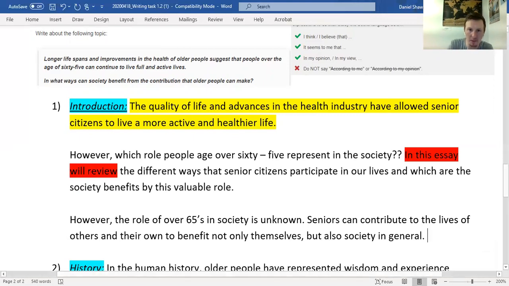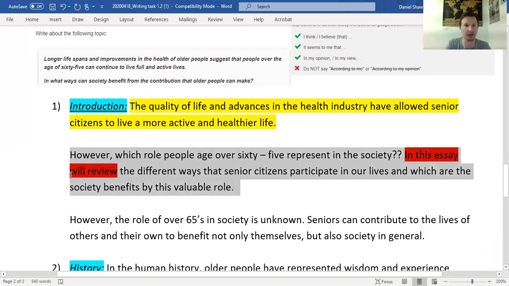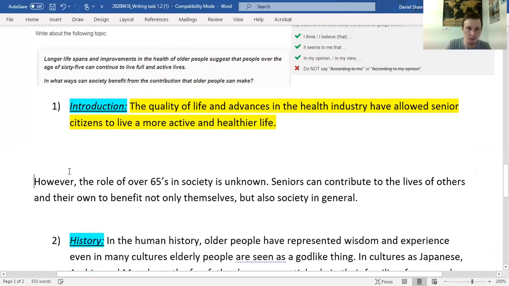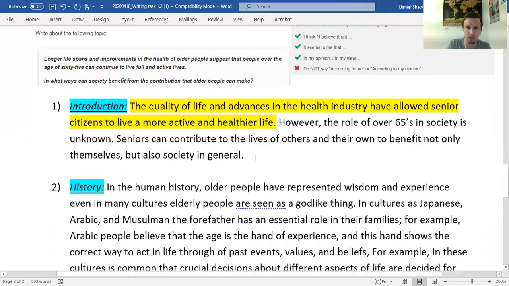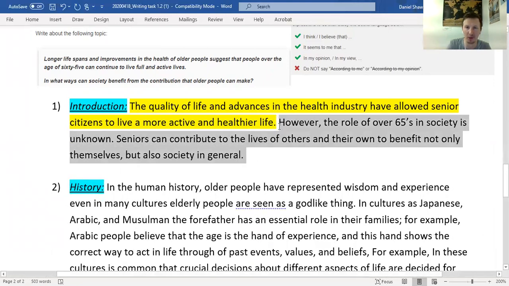So it's kind of the same idea. Citizens participate in our lives, they help society, and it's a valuable role. So we can just say that instead. We've got the same ideas, we've just shortened them down and tried to make them a little clearer.